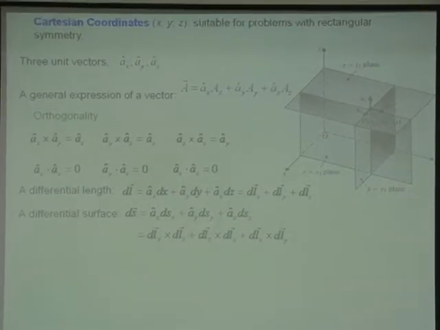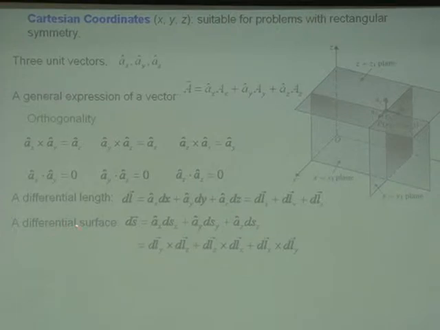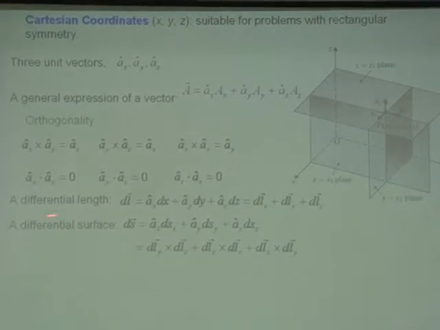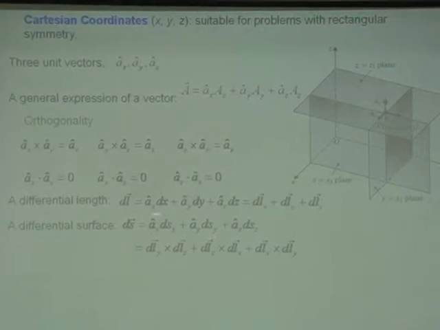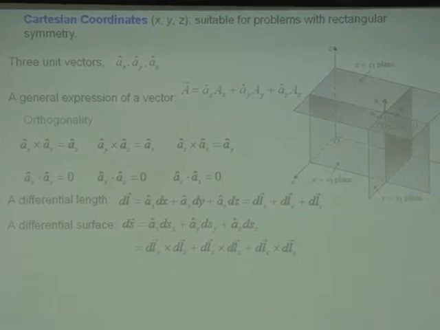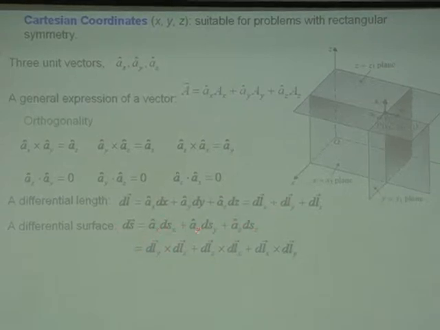So let's construct a differential surface in space. This differential surface is a summation of three vector surfaces: one along the x direction, one along the y direction, one along the z direction.